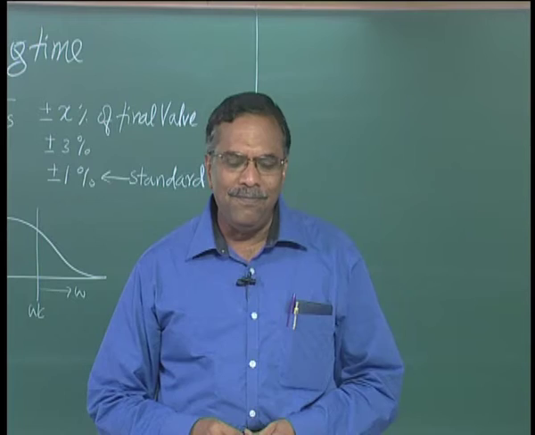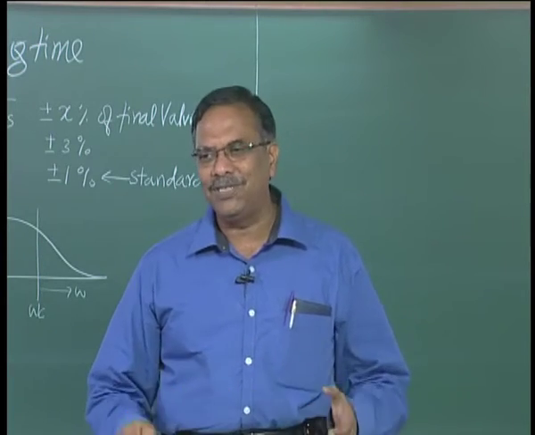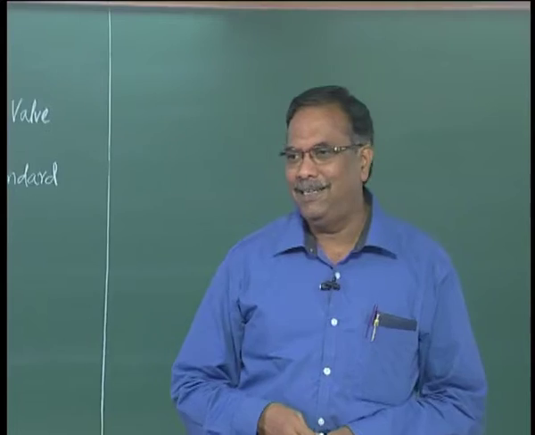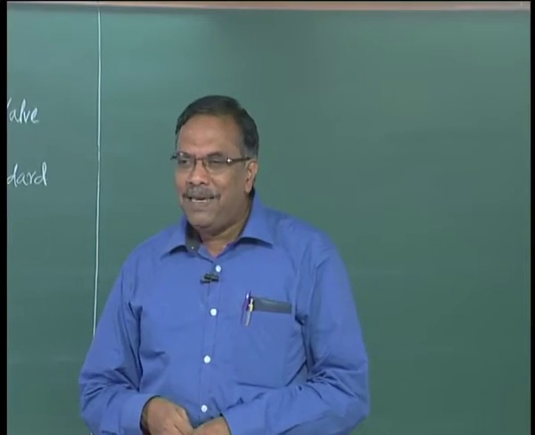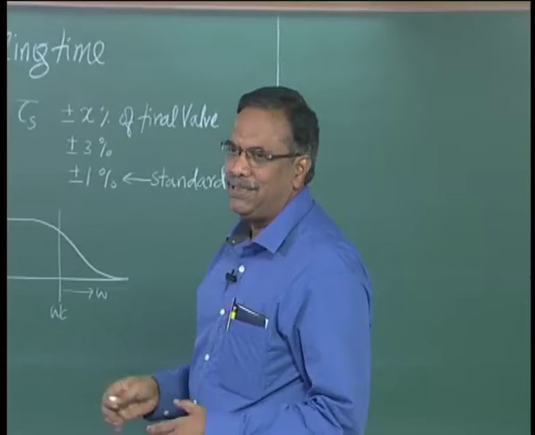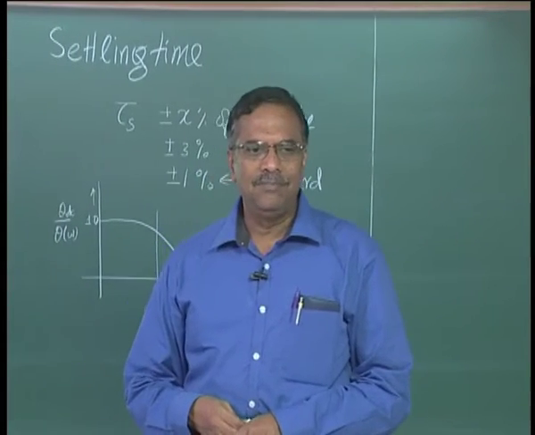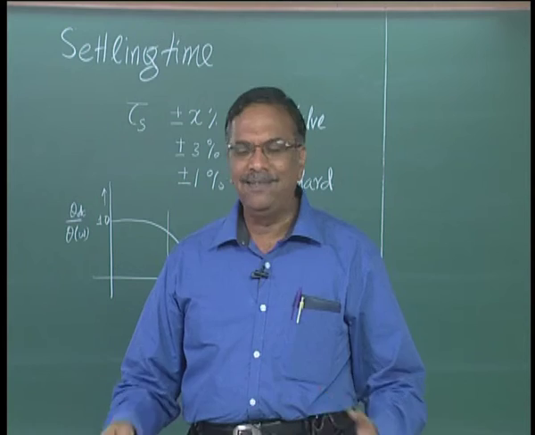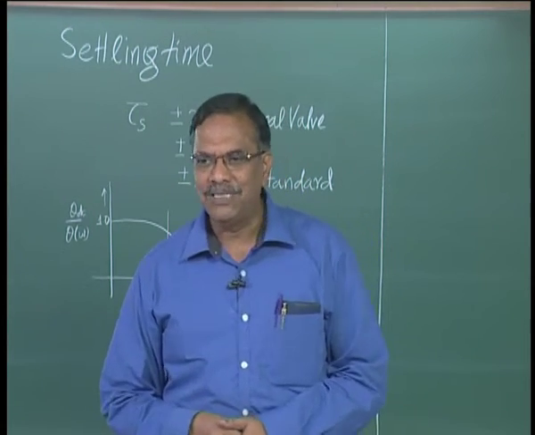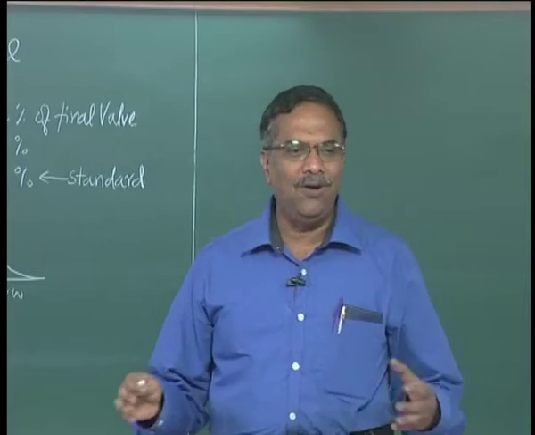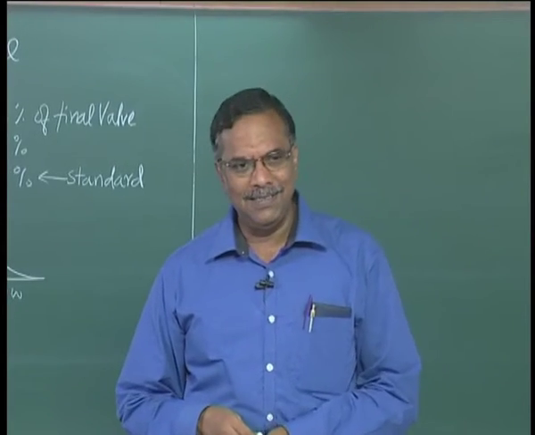People have done quite a lot of research to increase this omega c at one point of time long back, and the best they could get was something around 150 to 200 radians per second. Generally this would be less than 10 radians per second, which means the cutoff frequency would be roughly somewhere around 1 to 2 hertz, right.